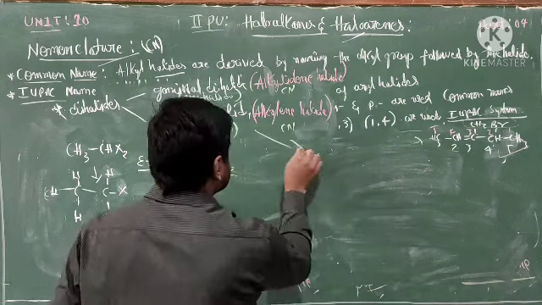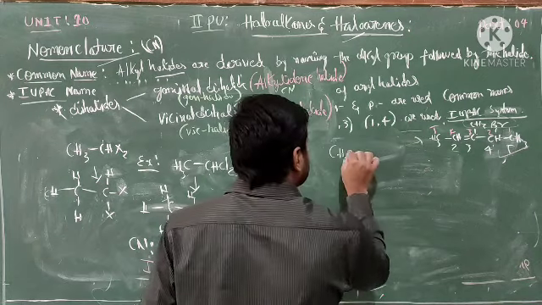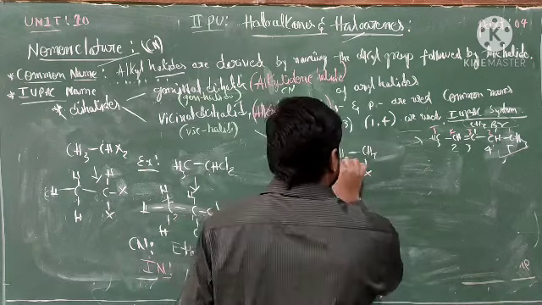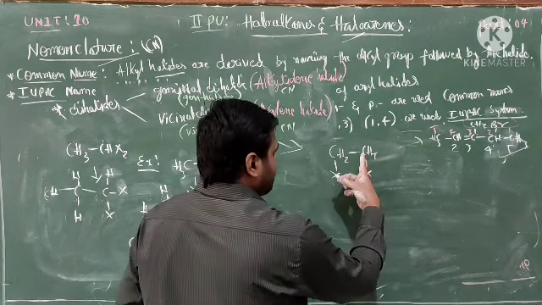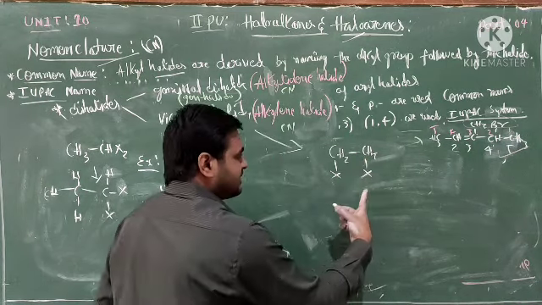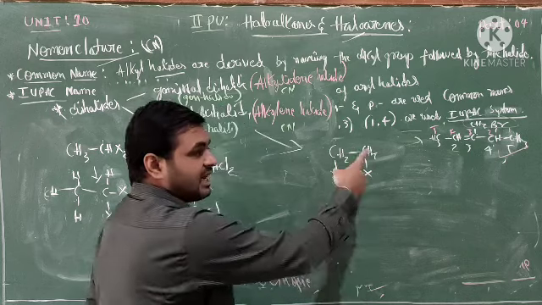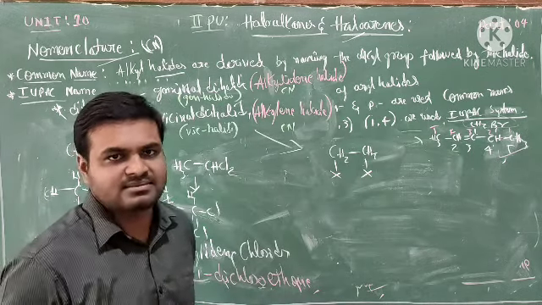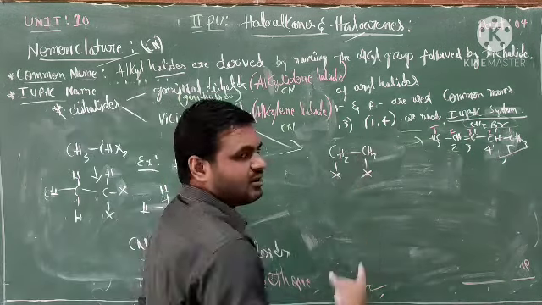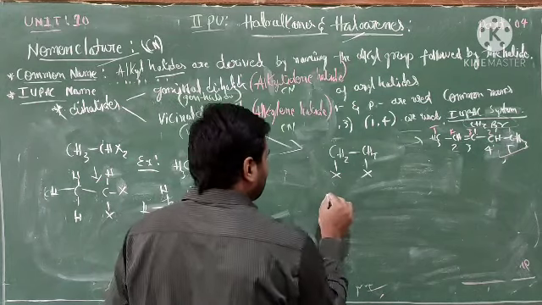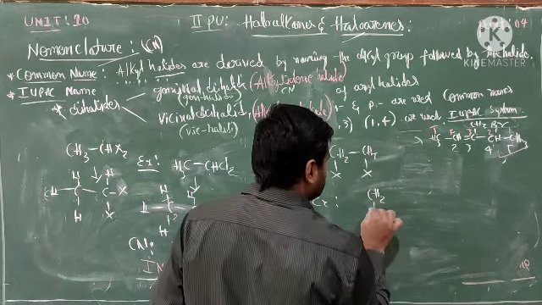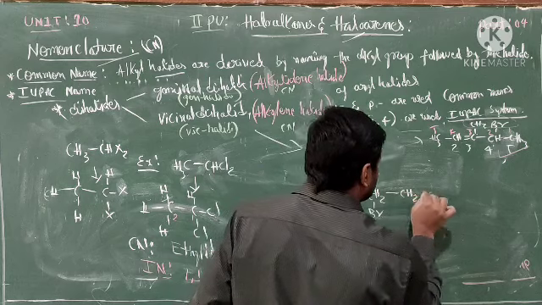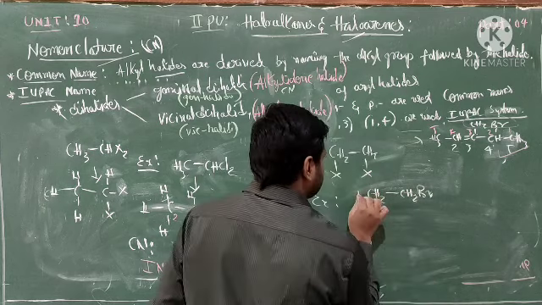So now going to the vicinal halides. Vicinal halides is like CH2X, CH2X, where X is the halogen. So the two halogens are present on adjacent carbon atoms, or neighboring carbon atoms. This is called vicinal. So one of the examples is CH2Br, CH2Br.